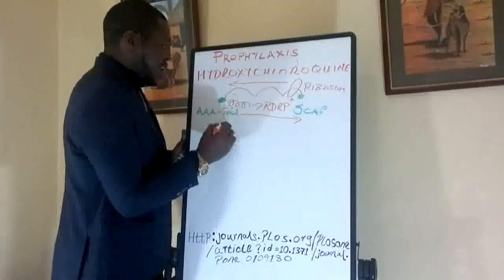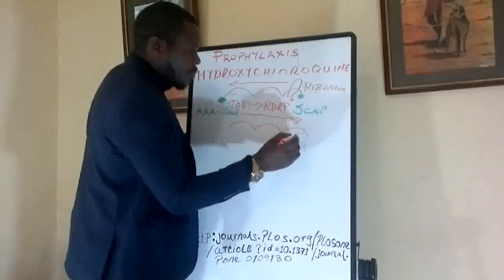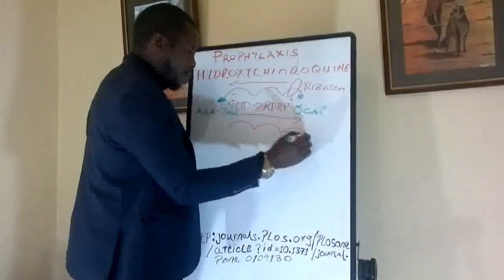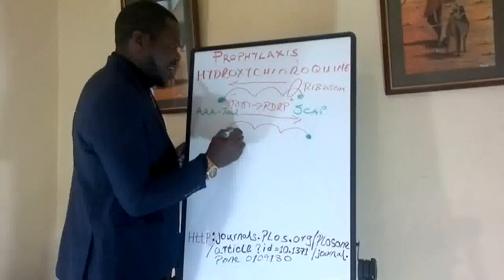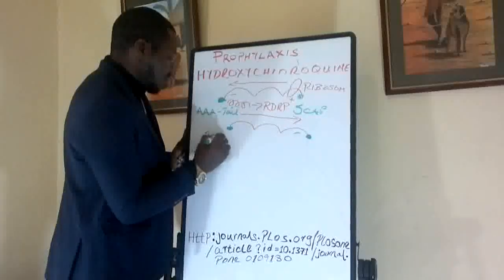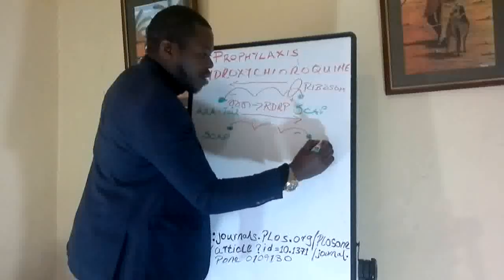It moves to this side, creating a negative strand of RNA. So that's a negative strand of RNA, whereby the 5' cap is on this side and the poly A tail is on this side.